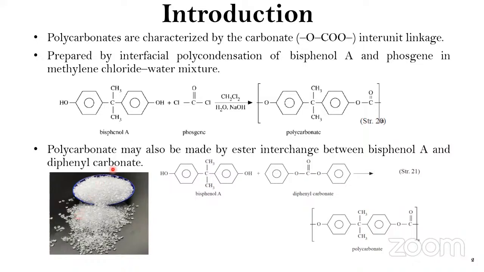In chemical terminology, polycarbonate may also be made by the ester interchange between bisphenol A and diphenyl carbonate. So these are the two methods by which polycarbonate is manufactured. First is the polycondensation reaction that occurs between bisphenol A and phosgene.